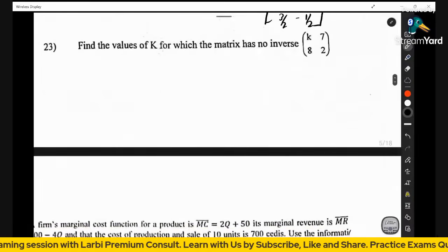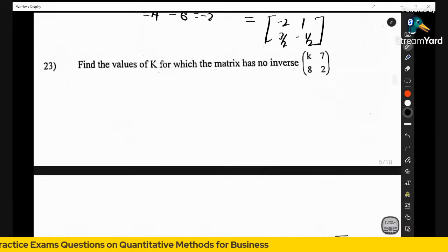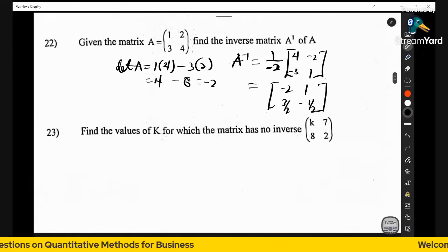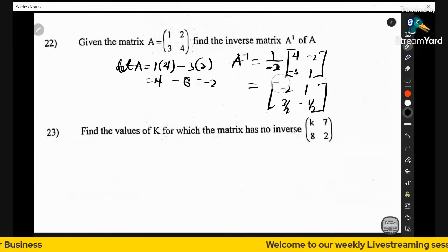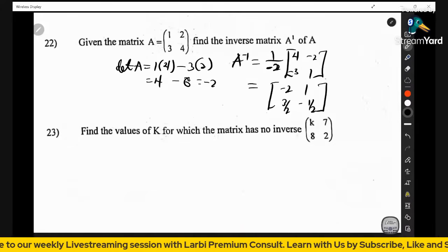Question number 23. Find the values of k for which the matrix has no inverse. If a matrix has no inverse, it means that the determinant of such a matrix is 0. When you find the determinant of the matrix and you get 0, the inverse cannot exist, so there's no need to proceed. So if a matrix has no inverse, then the determinant is equal to 0.